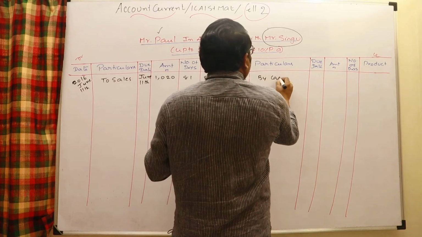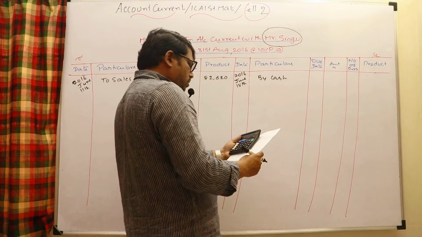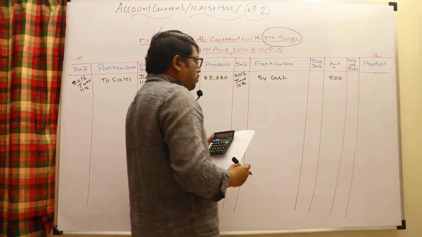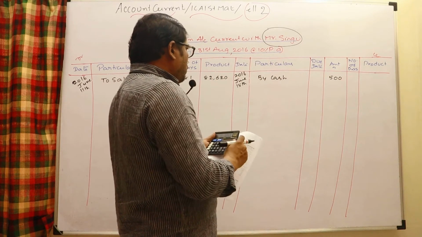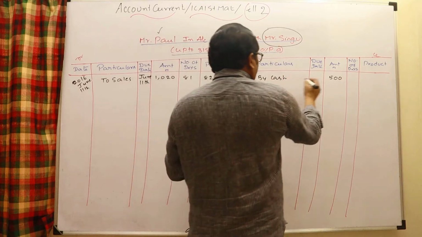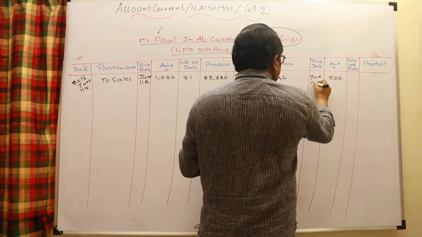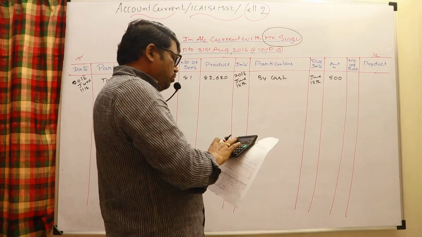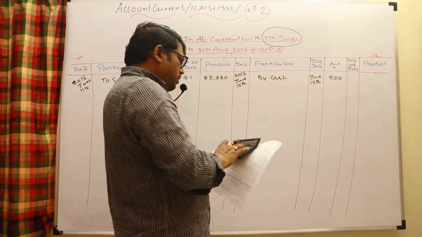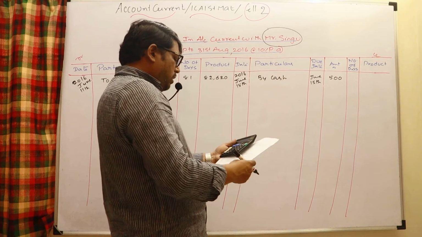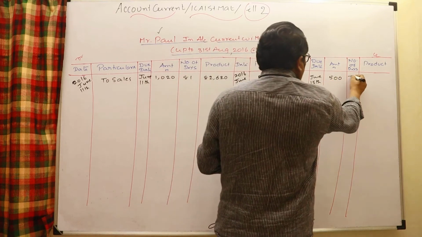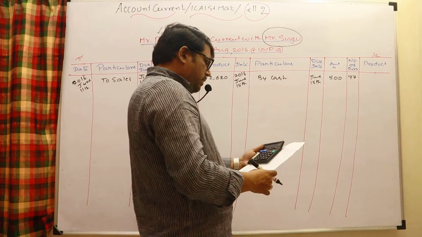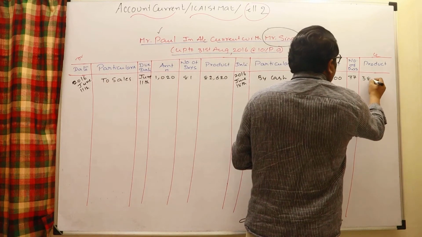By cash, the amount involved is 500 rupees. A separate due date is not provided, so the transaction date itself can be taken as the due date. From June 15th to August 31st: in June 15, July 31, August 31, totally 77 days. Therefore 500 into 77 days gives a product of 38,500.